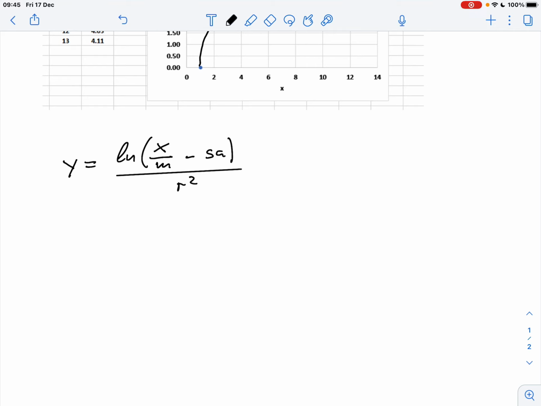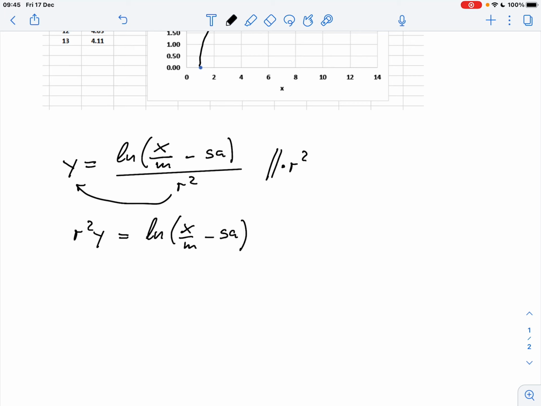And let's make this a little bit nicer and prettier. So the first thing that I'll do is bring the r squared to the other side. I multiply by r squared and I get r squared y equals, and the r squared cancels out, ln of x over m minus sa.